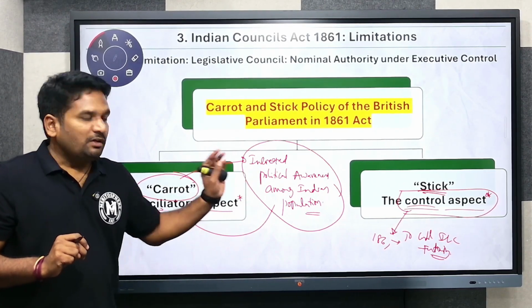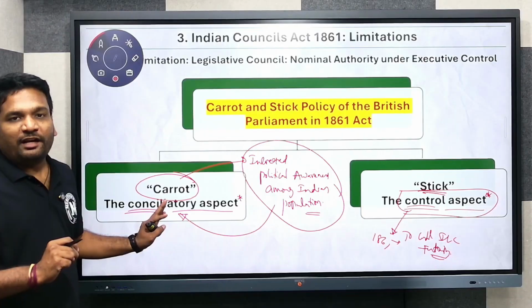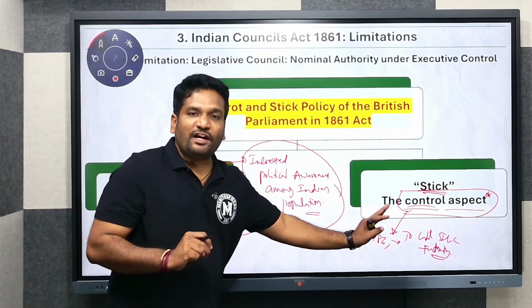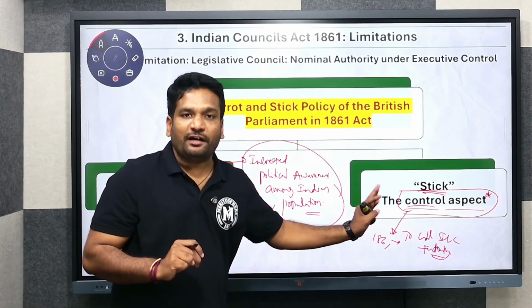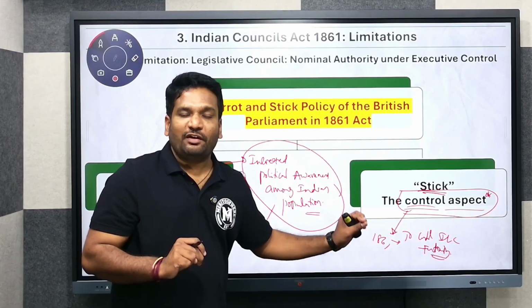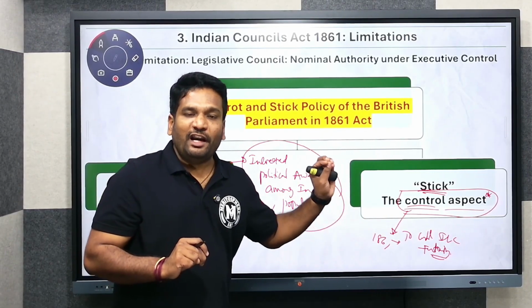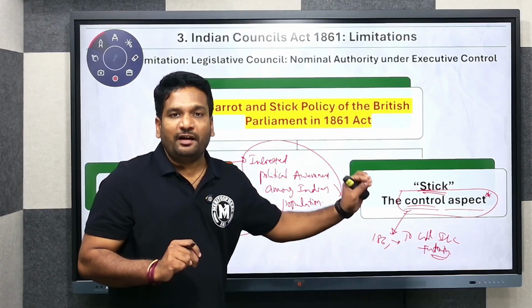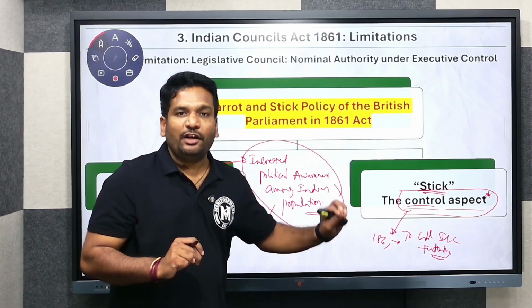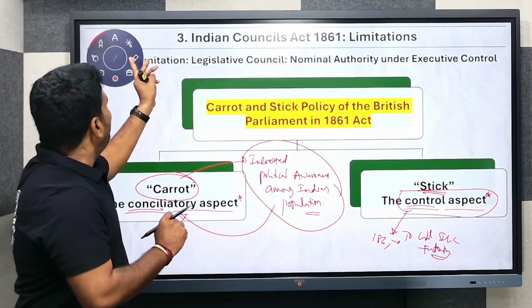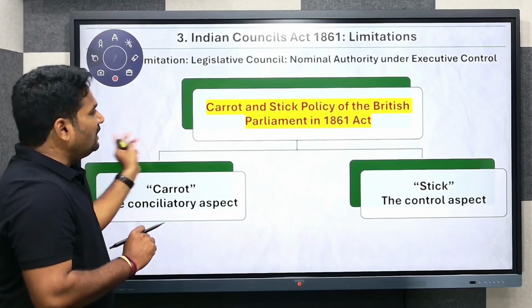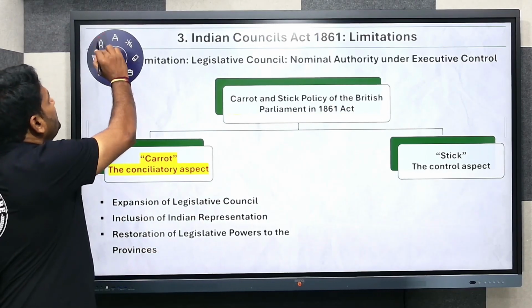Control measures were meant for the functioning of the Indian Legislative Council, because if there were no controls, the independent functioning of the Council may turn against British interest, and in no time British rule in India may collapse altogether. This was clearly known to the British authorities.